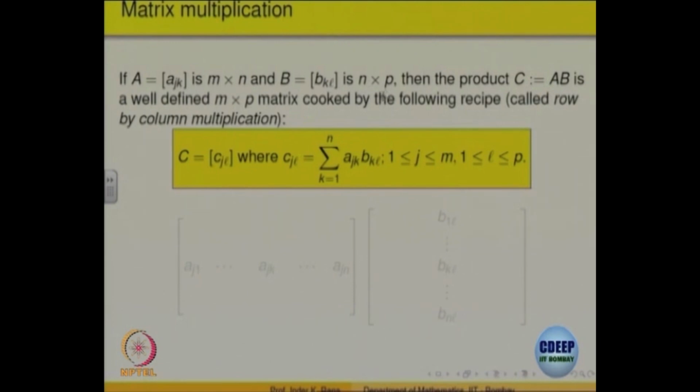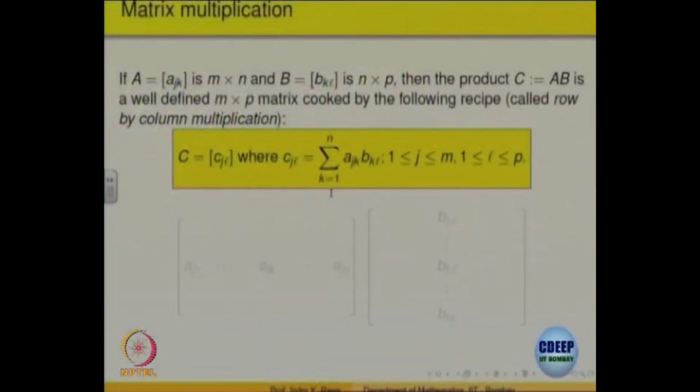It looks a very artificial way of defining multiplication, but later on we will see that this is the way it should be defined to have nice properties. We will link it with what are called linear transformations.